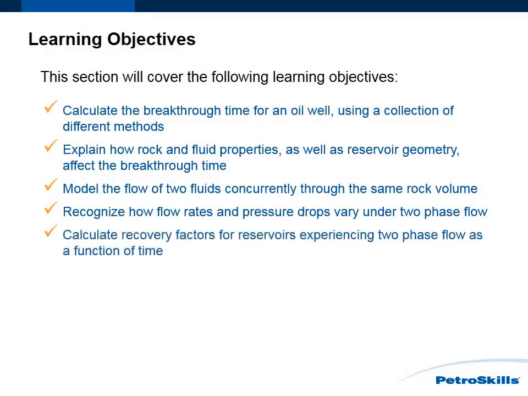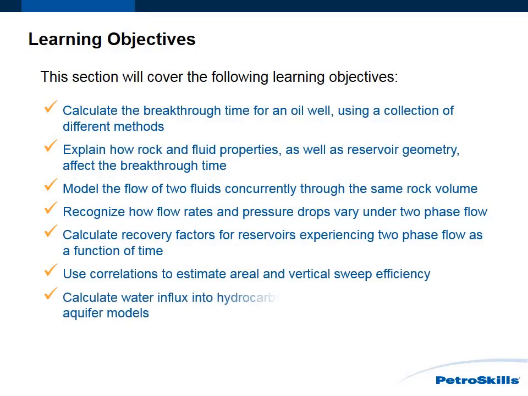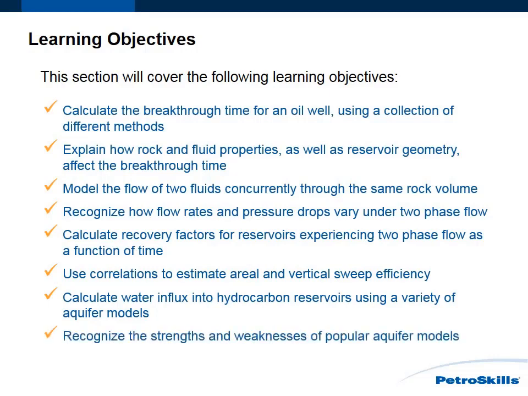Calculate recovery factors for reservoirs experiencing two-phase flow as a function of time. Use correlations to estimate areal and vertical sweep efficiency. Calculate water influx into hydrocarbon reservoirs using a variety of aquifer models. And recognize the strengths and weaknesses of popular aquifer models.